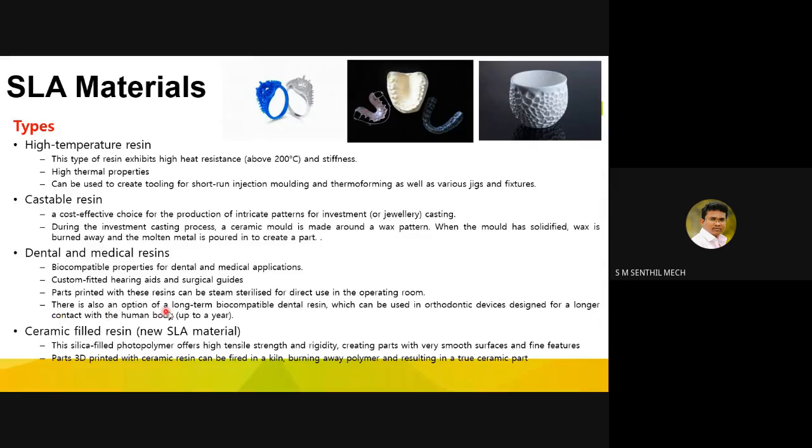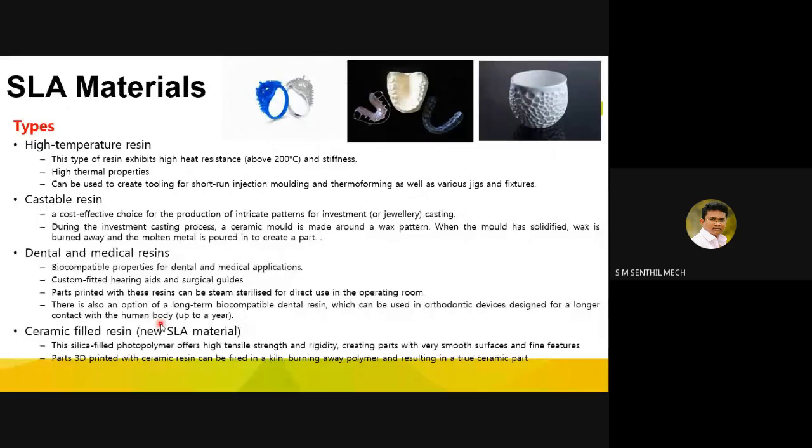There is also an option for a long-term biocompatible dental resin, which can be used in orthodontic devices designed for longer contact with the human body. If you want to reform your teeth, you need models and shapes, and those devices are fitted into your mouth.